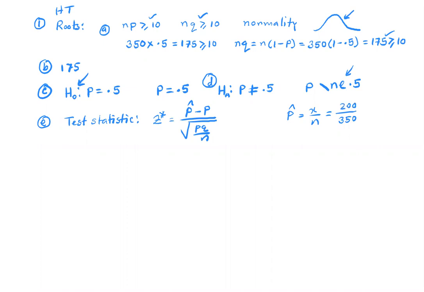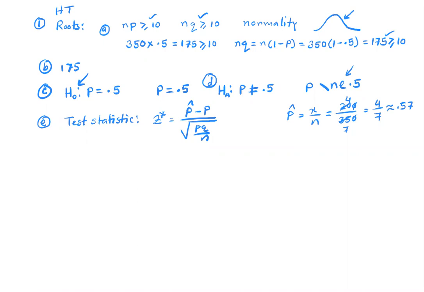So these cancel out. 5 goes into this 4 times, 5 goes into this 7 times. So it's 4/7. Okay. So 4 divided by 7 is approximately 0.57. Did you get 0.57 as an answer?